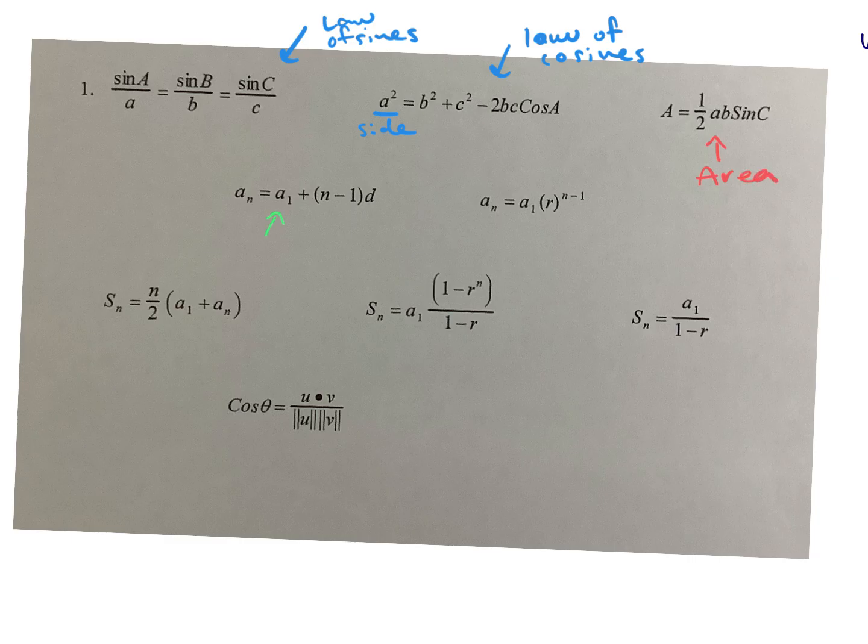This one is the general formula for an arithmetic sequence. The one right below it is the arithmetic sum formula. Then we have geometric here.